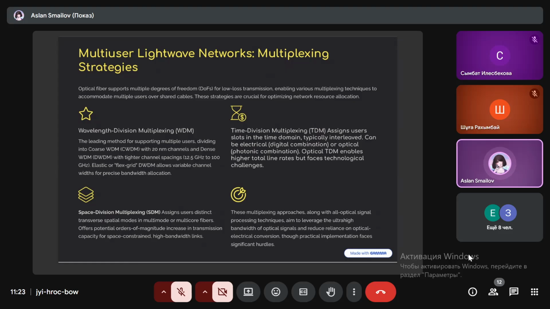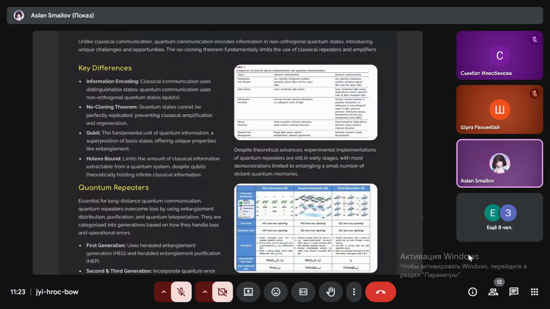I guess the main challenge will be that we don't have enough money to make that. Okay, this multiplexing approach aligns with all-optical signal processing techniques that aim to leverage the ultra-high bandwidth of optical signals and reduce reliance on optical-electrical conversion. Though practical implementation faces significant hurdles.